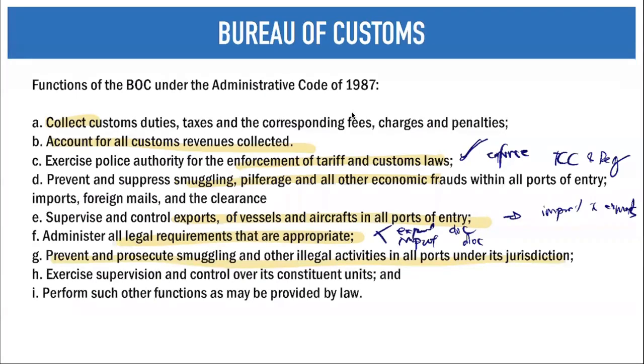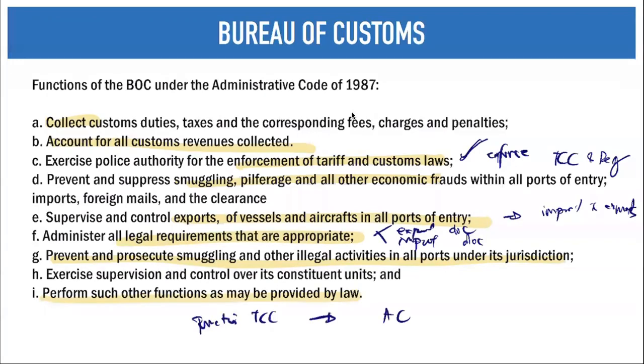Letter H, exercise supervision and control over its constituent units. So all constituent units, particularly under the Bureau of Customs, and lastly, perform such other functions as may be provided by law.